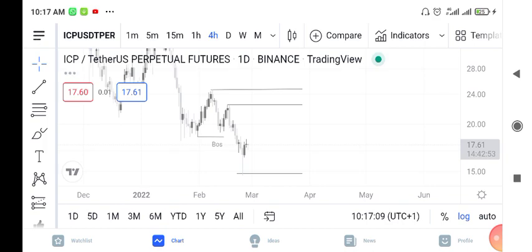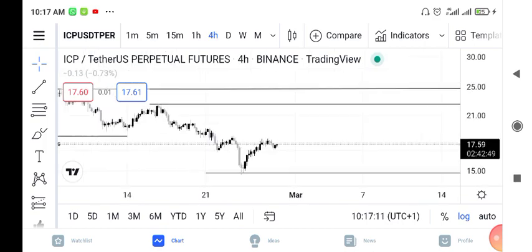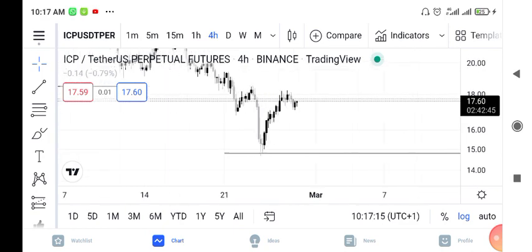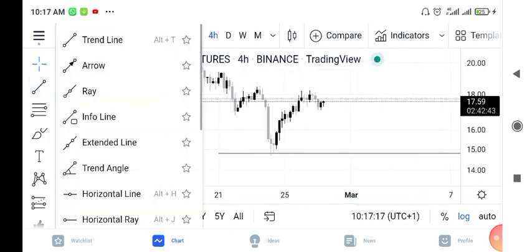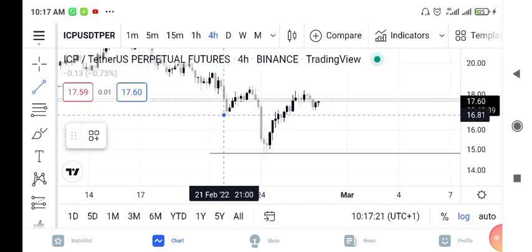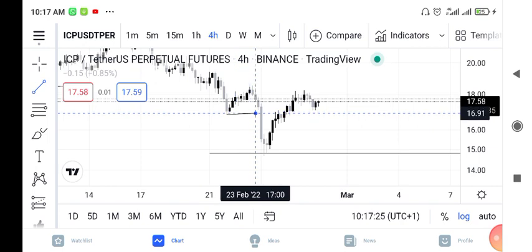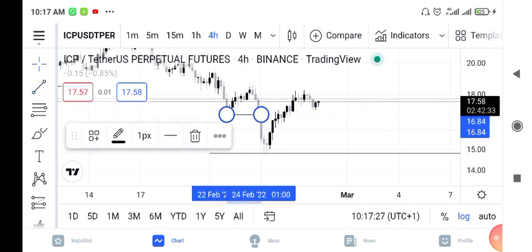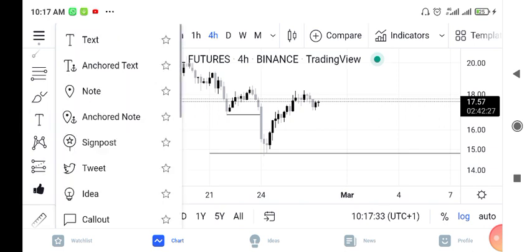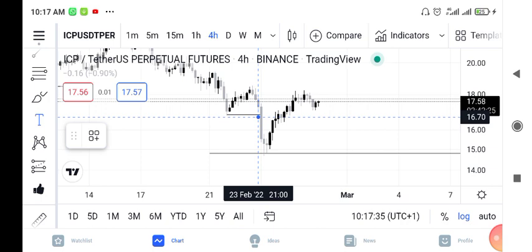So now on 4 hours, let's go to 4 hours and observe price movement. If we look at 4 hours, we see that there was another structure, another break of structure. The most recent break of structure is to the downside, right? So let's label that out.